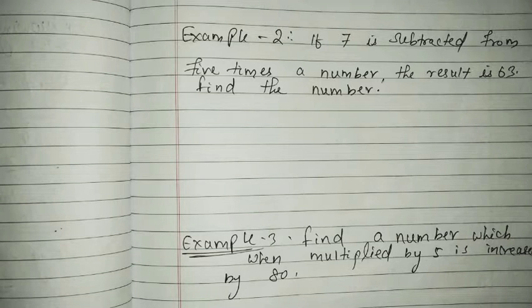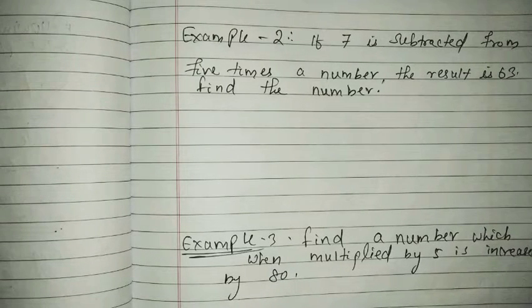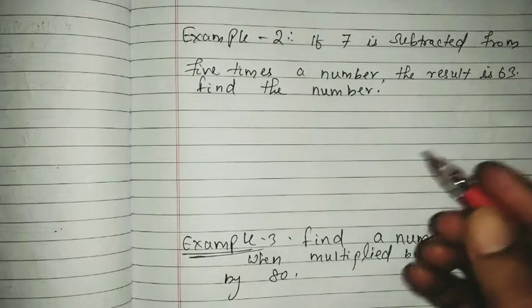If 7 is subtracted from 5 times a number, the result is 63. Find the number. Okay, fine. We have to find the number.